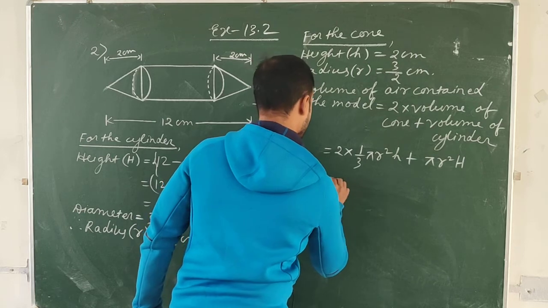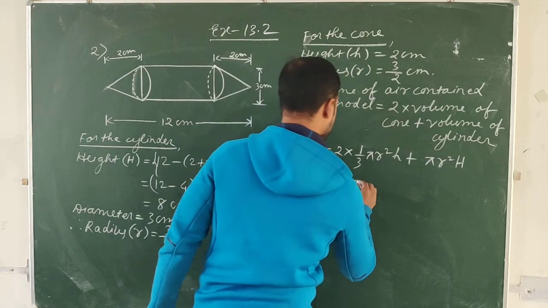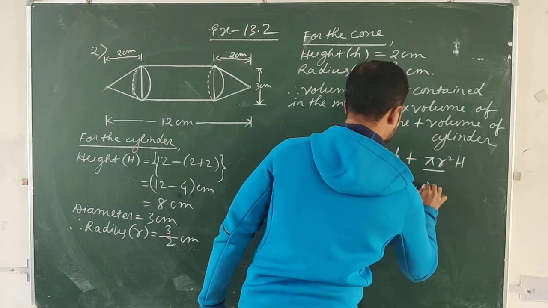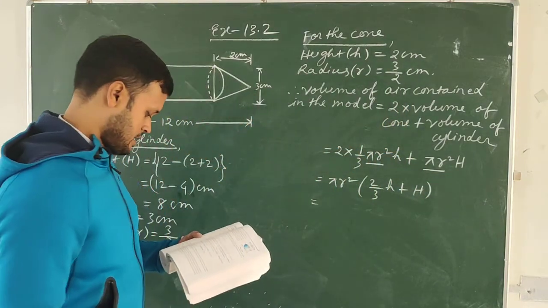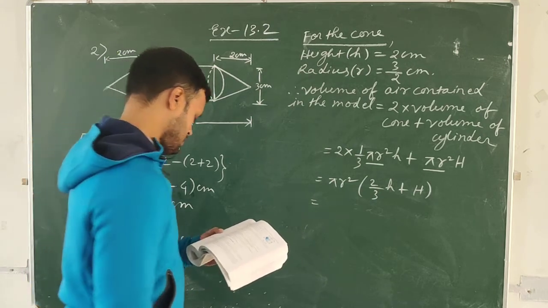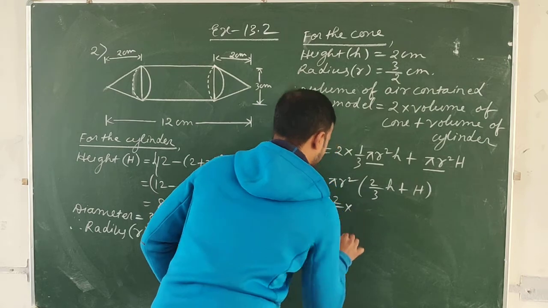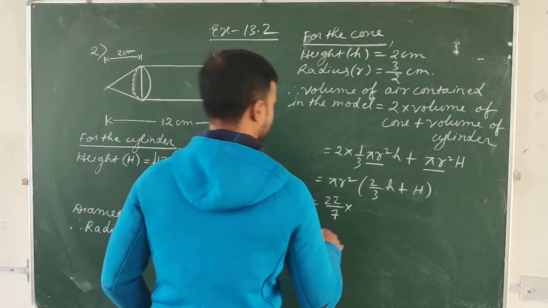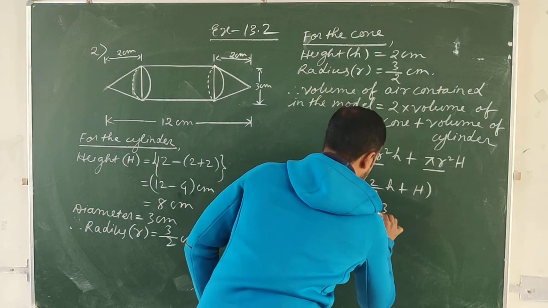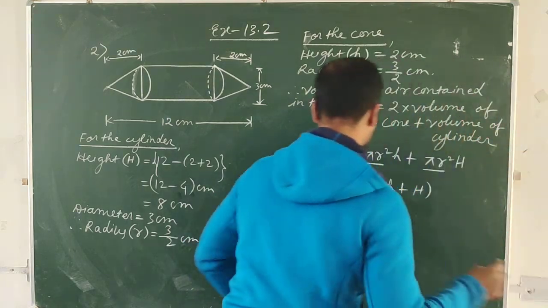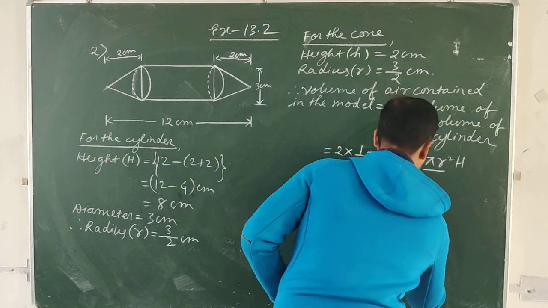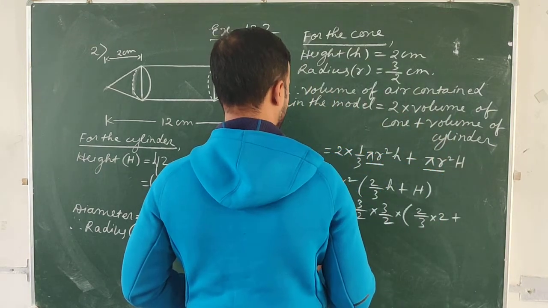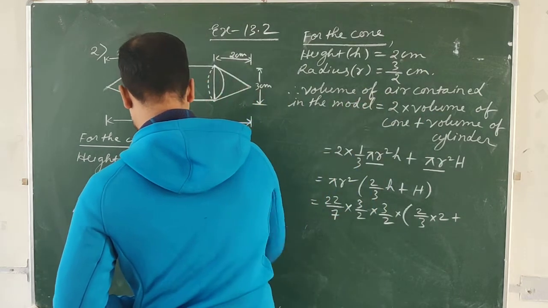If I take pi r square common, then I will get small h is 2 and capital H is 8.